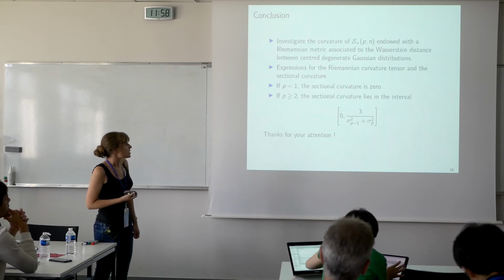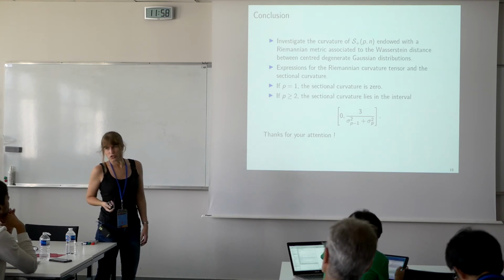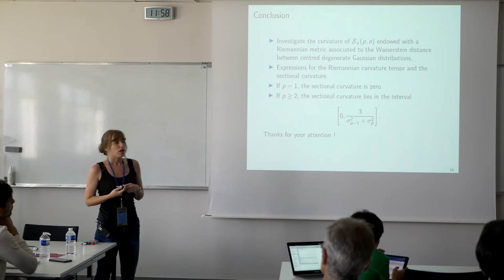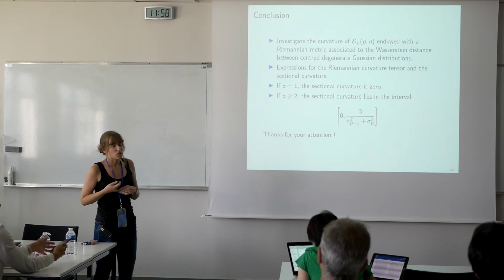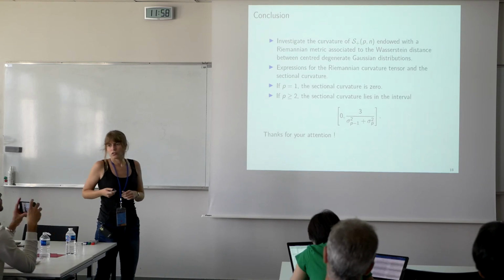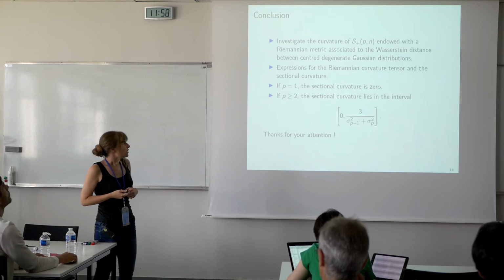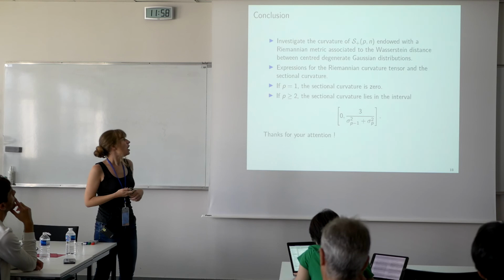And so that's it. We have investigated the curvature of the manifold of fixed-rank positive semi-definite matrices when it is endowed with a Riemannian metric that corresponds to the Wasserstein distance. We have obtained the expression for the curvature tensor and for the sectional curvature.